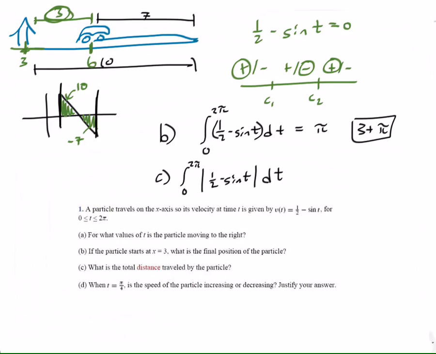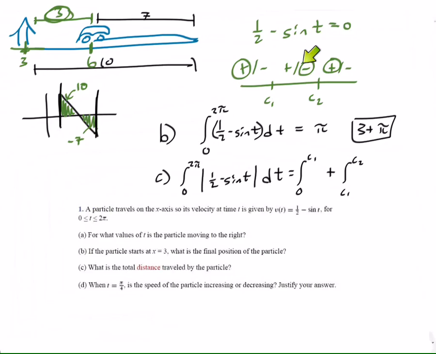So this is when the problem gets long. Because really what that means is I need to find the integral from 0 to c1. I need to find this one, and that's going to be positive, right? And then I'm going to add to that the integral between c1 and c2. But wait a second, if I find the area between C1 and C2, that would be negative, right?